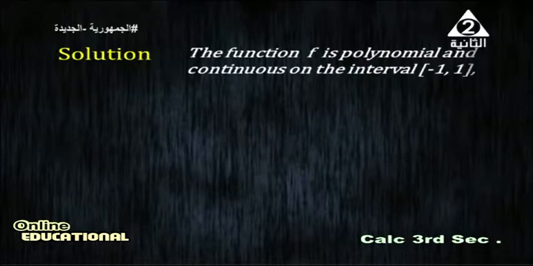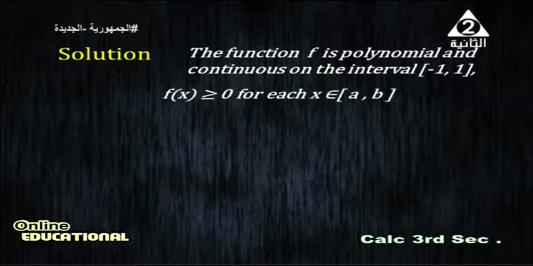The function f of x equals x power 2 plus 1 is a polynomial function and continuous on the closed interval [-1, 1]. We can check that f of x is bigger than or equal to 0 for each x belonging to this closed interval [-1, 1].